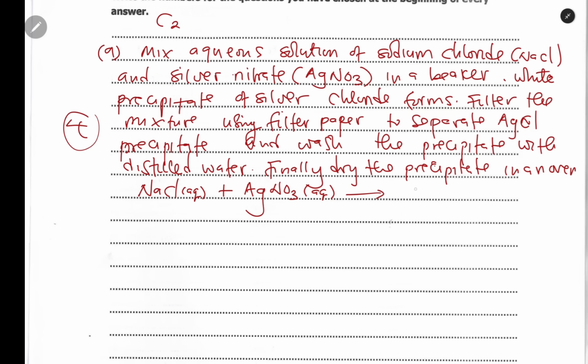This results in the formation of silver chloride, aqueous, plus sodium nitrate, which is also aqueous. These are the products that are formed.